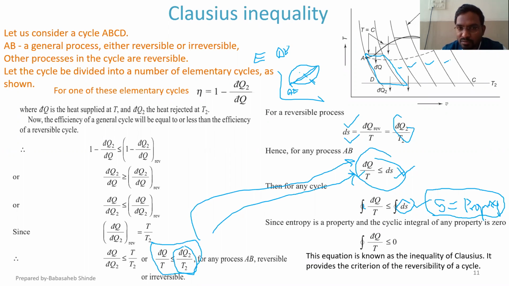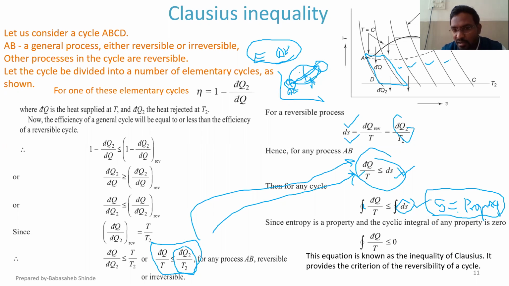Whether you return through this path or this path, the change in internal energy depends only on the initial and final state, and it is independent of the path. And that's why we consider it a point function, a property of a system, because it has a specific value for a specific state. Similarly, we are going to prove entropy as a property of the system also in the next point.